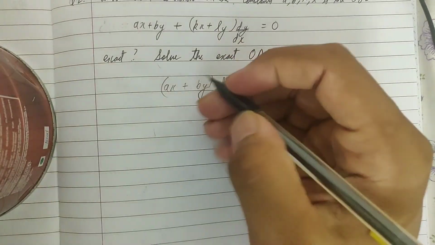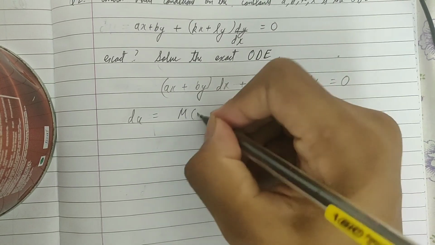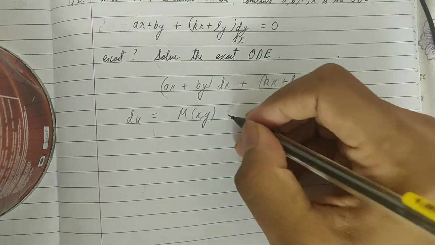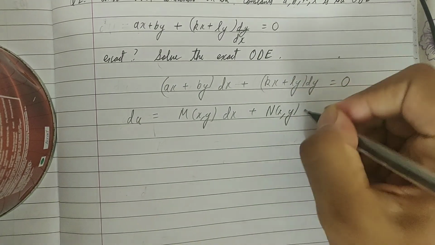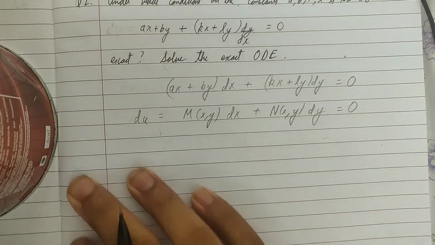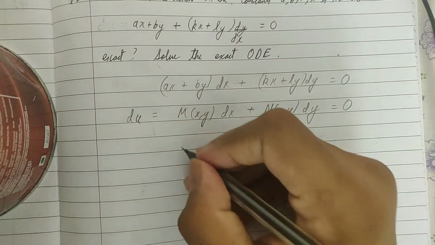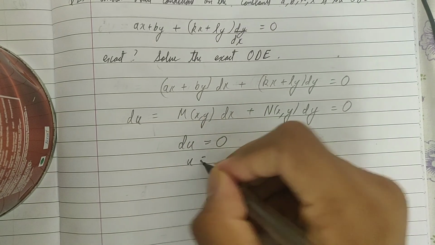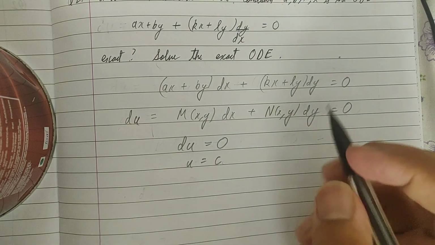Now this closely resembles the differential form du = M(x, y) dx + N(x, y) dy, which is equal to 0. And from this we can find the implicit solution that u is equal to a constant c, but we'll be finding the explicit solution for this.